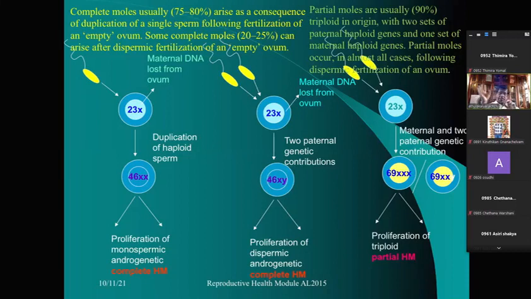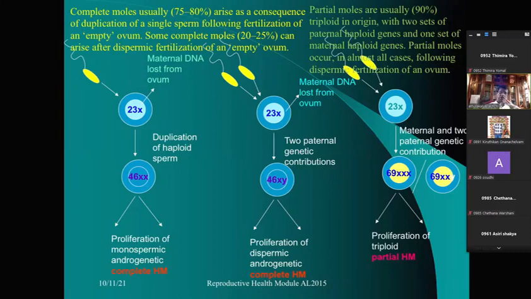Then there can be another situation where two sperms get into an egg and it will have 69 chromosomes, a triploidy. Again there are two male sperms getting in, and the genetic material is mostly from the man.